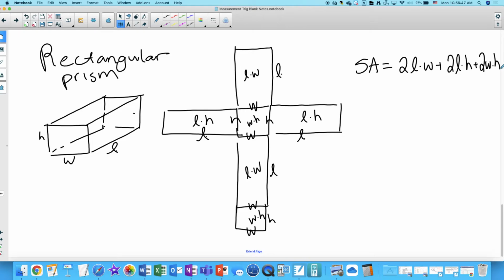The reason why being able to understand that is important is if I asked you for the surface area of a skyscraper, the skyscraper is cemented to the ground. You can't lift that up. And so you would actually have to take out one of the surfaces. So you have to know how to manipulate this formula to suit the problem that you're solving. Does that make sense? Okay, cool. So there's your rectangular prism. This is on your formula sheet. You don't need to memorize it, but you do need to understand where all of the pieces are coming from.